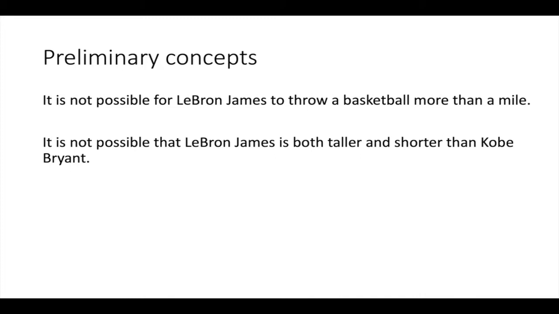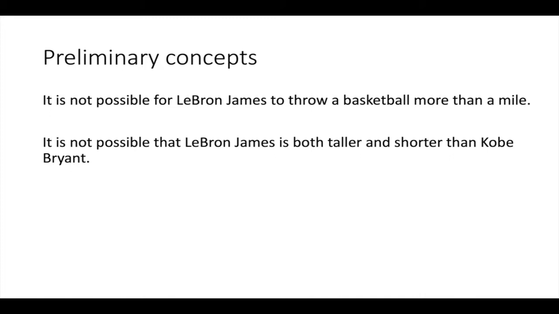The second kind of possibility here, it's not possible that LeBron James is both taller and shorter than Kobe Bryant, is logical possibility. So for LeBron James to be taller and shorter than Kobe Bryant means it just doesn't make any sense. How could LeBron James be taller than someone if he's also shorter than that same someone?